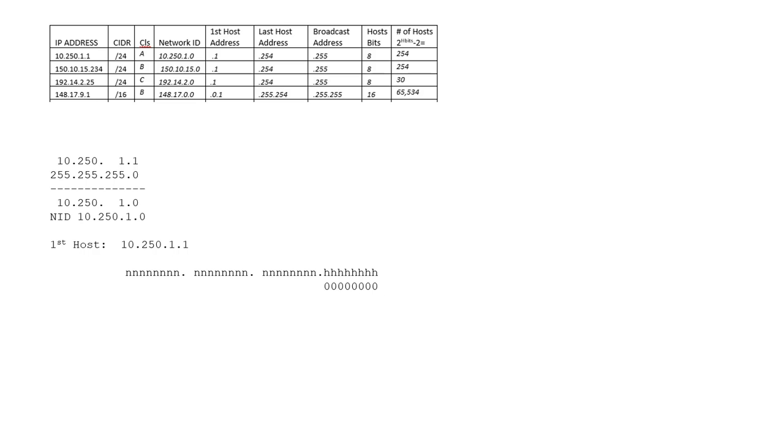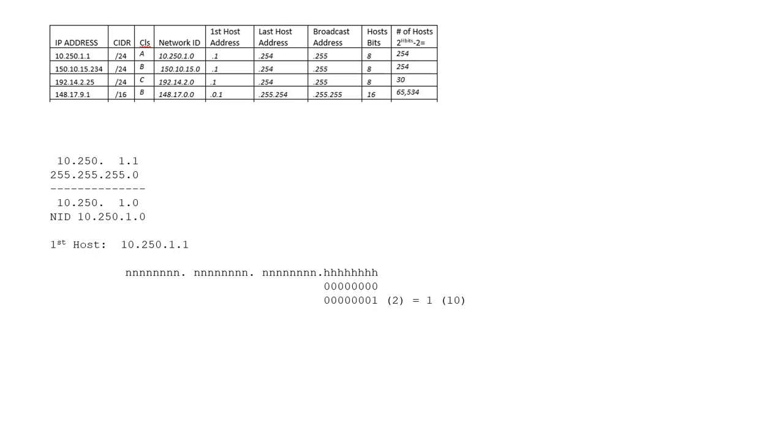Now your first host address is going to be 7 zeros and a 1. That's in binary, and that's equivalent to a 1 in decimal.